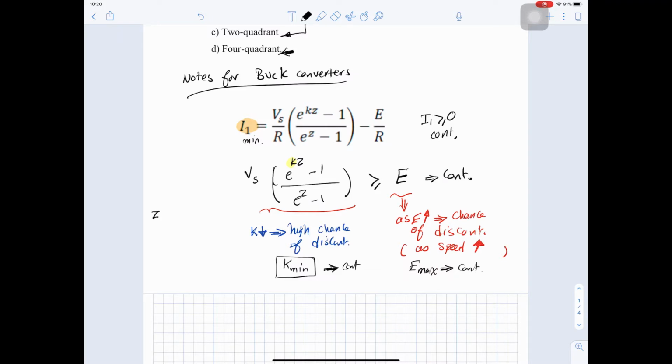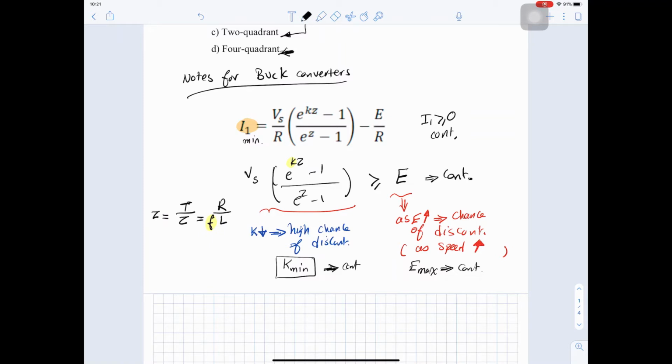And Z is a function of frequency. It is T divided by tau, where T is 1 over F and tau is L divided by R, so it's R divided by F L. So you can see that the frequency is an important factor.